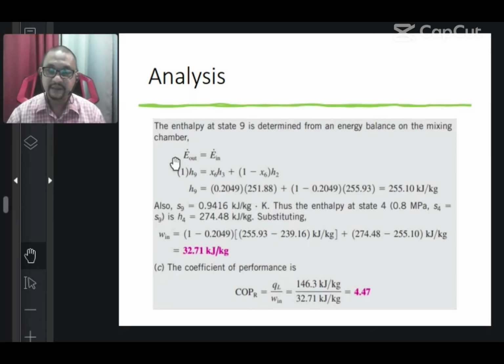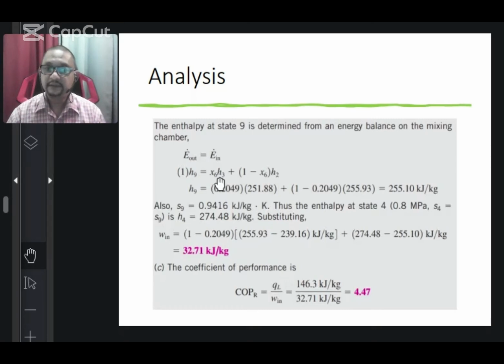So to get this 255.1, you know the energy balance of this mixture chamber, that means using the SFEE, steady flow energy equation, E dot out is equal to E dot in. So E dot out is 100% fluid times the enthalpy at 9, which is equal to the fractions of the fluid at H3 and H2.